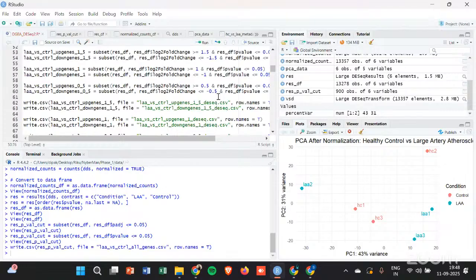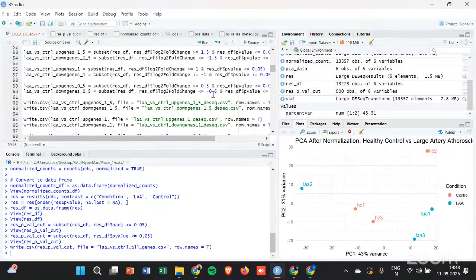Again, it's not a hard and fast rule that you have to use a minimum cutoff of 0.5. You can define cutoffs based on your experiment. As I said, if your experimental conditions are very close to each other, you can also define a cutoff of 0.2 to be differentially expressed. That is up to you. But in 99% of cases, people don't use a cutoff below 0.5.